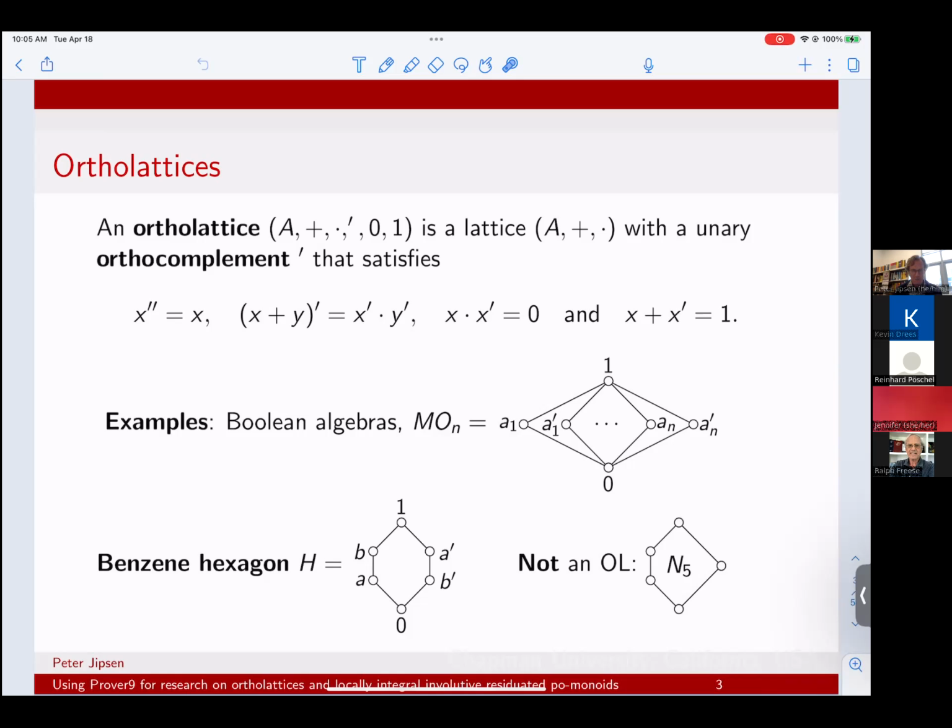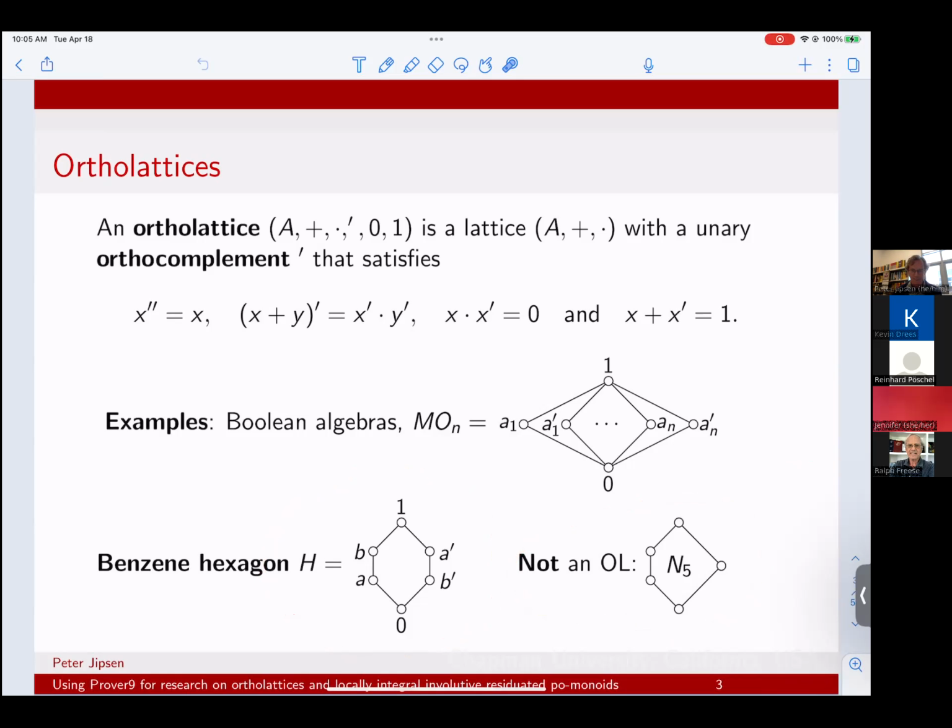With JB and Ralph, we called them M2n, because that's what these things are called in lattice theory. And then there's this one particular ortholattice that is the hexagon, also called the benzene ring. A typical lattice that's not an ortholattice would be the pentagon.